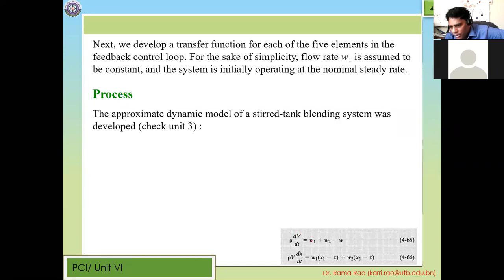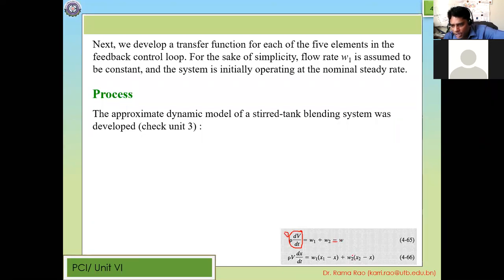So we get W1 plus W2 is equal to W. Because this is 0, your W is equal to W1 plus W2.